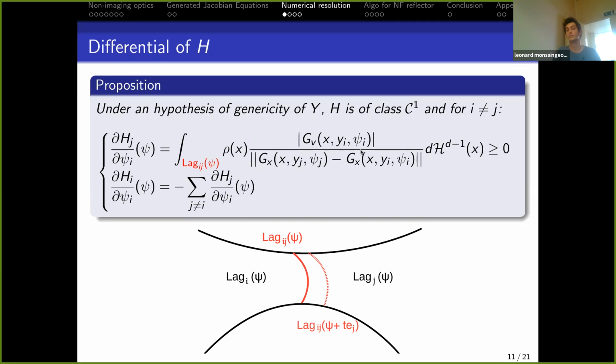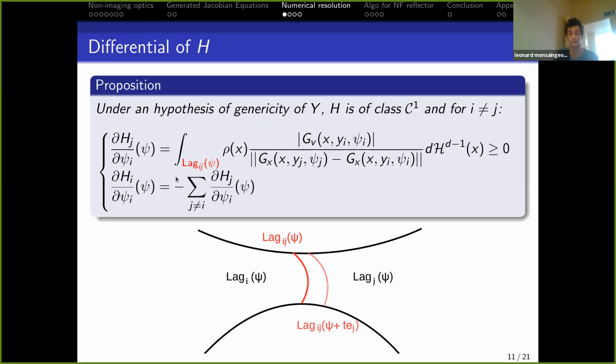And the main difficulty of this proof was to show that each intersection between two cells evolves continuously when we perturb it a little. So we don't have any disappearance or appearance of intersection between two cells.